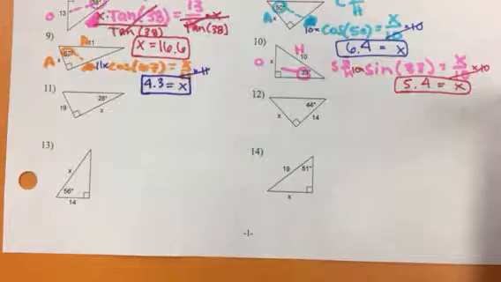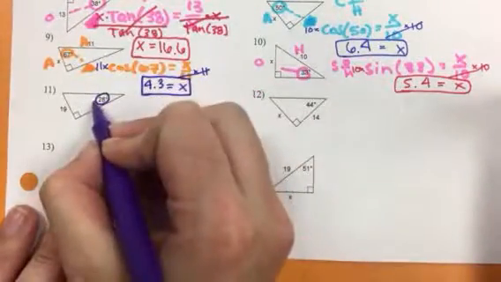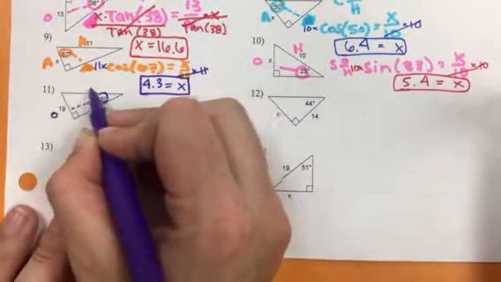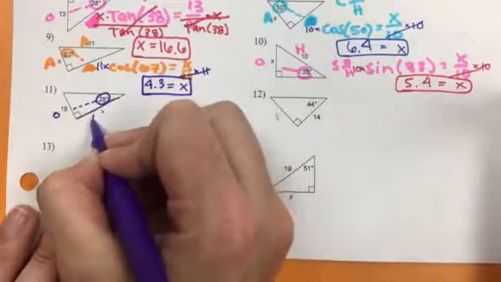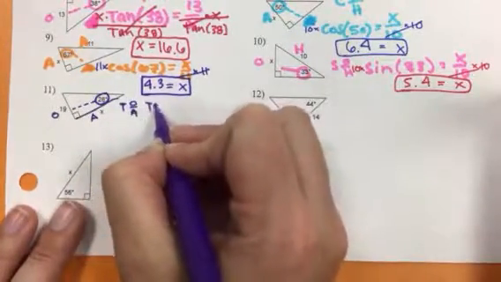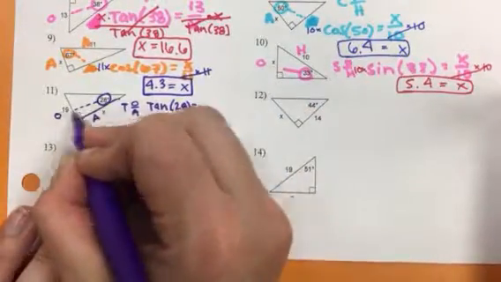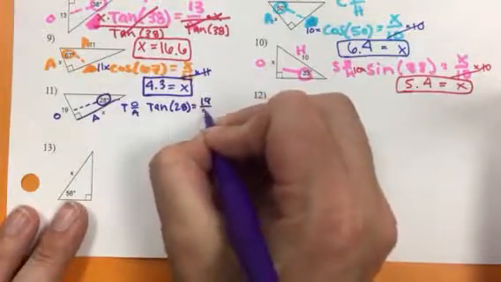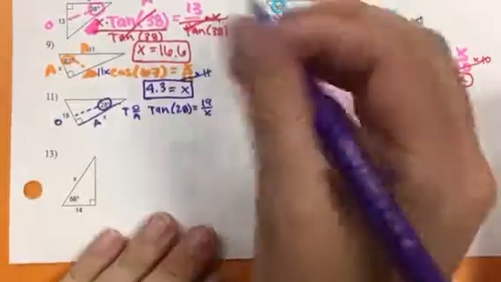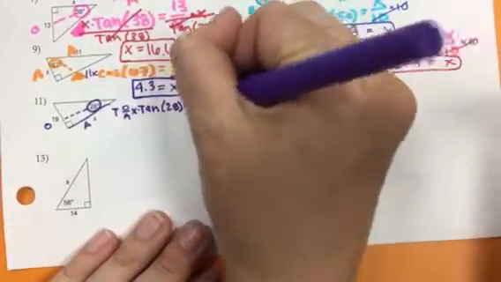We have our angle 28. We always start with the angle. Opposite side, hypotenuse is missing, the adjacent side. That means we're using SOHCAHTOA, which is tangent of 28 equals O over A. Now to get the x, because it's in the fraction, we want to get rid of the denominator by timesing by x.